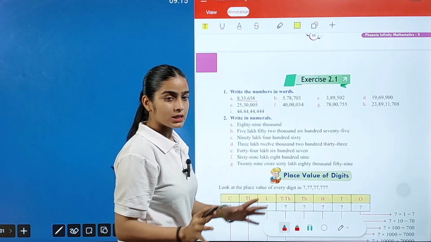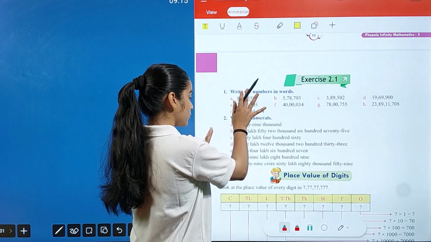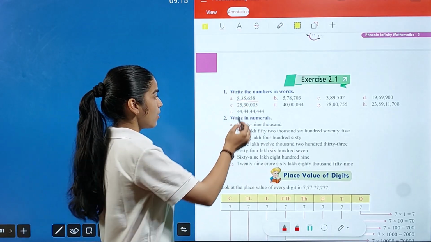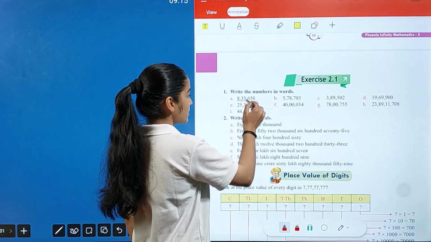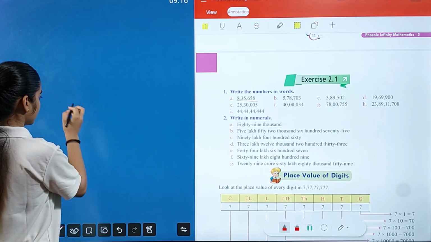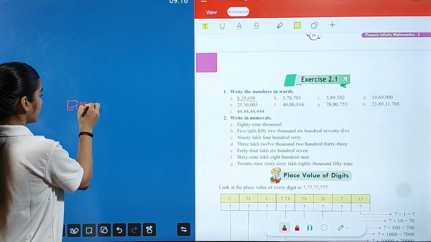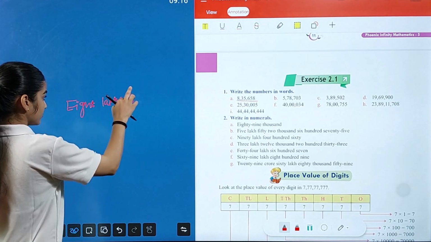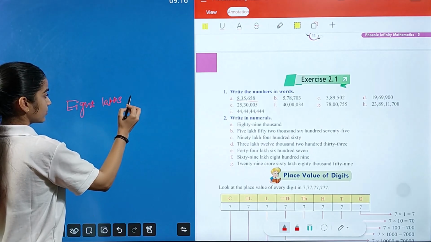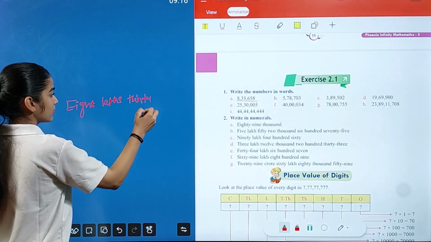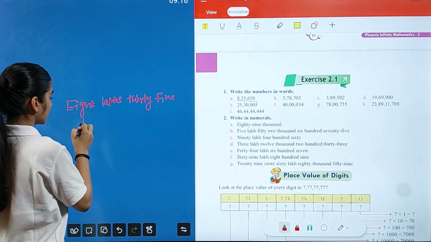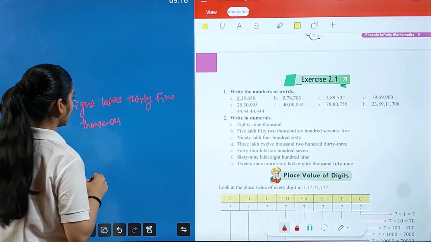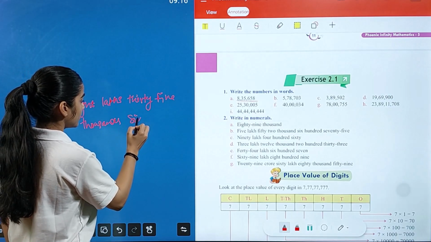In this case, we don't have to write in a specific number system, so we can easily write these numbers in the Indian number system. So 8,35,658 is 8 lakhs 35,658.